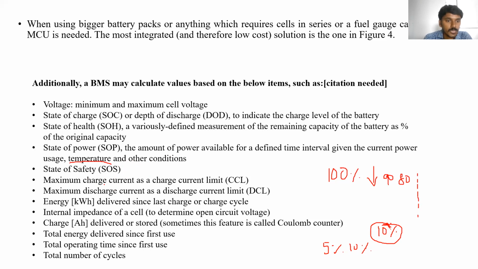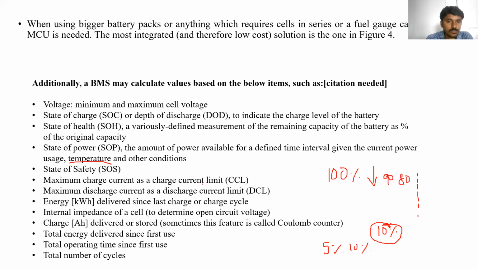Next, maximum charge current, or charge current limit. During the charging condition, sometimes a high current will flow, sometimes a low current will flow. It should not happen like this, meaning the battery should be charged with constant current.